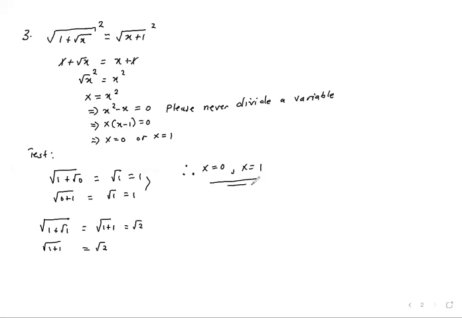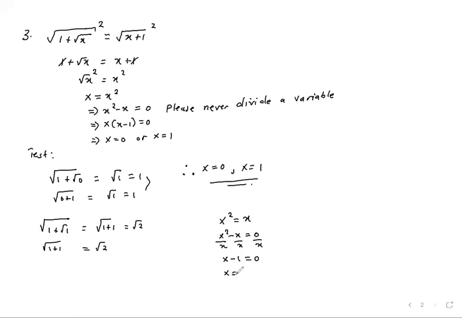These are our solutions. The danger of dividing by the variable is, if you divide, let's say you do this, and then divide by x, you get x minus 1 is equal to 0.